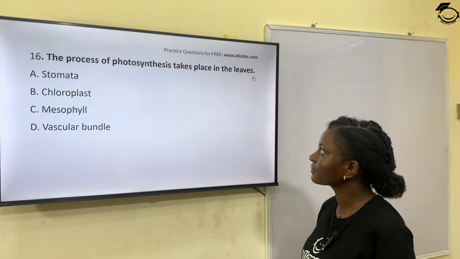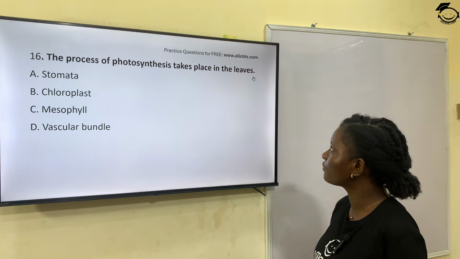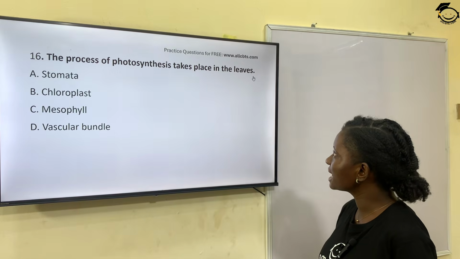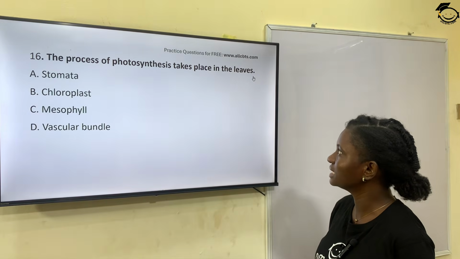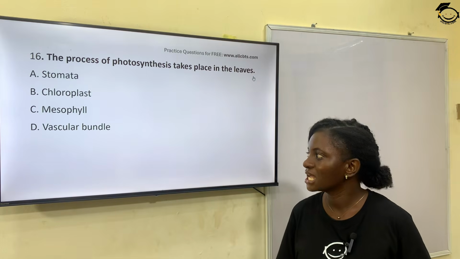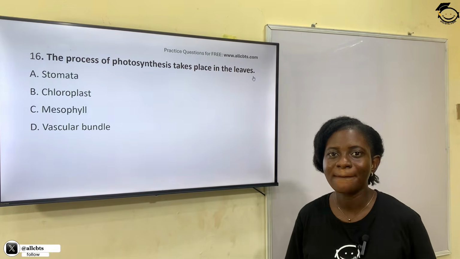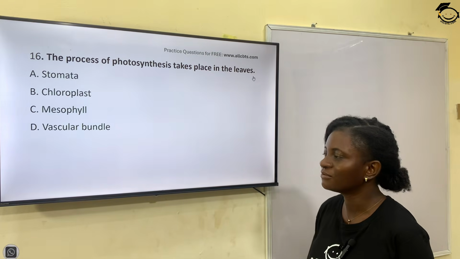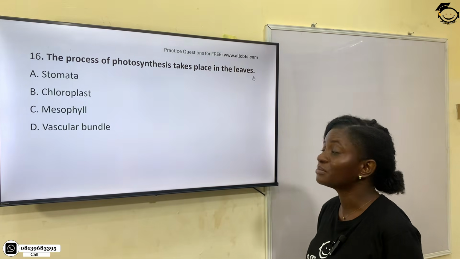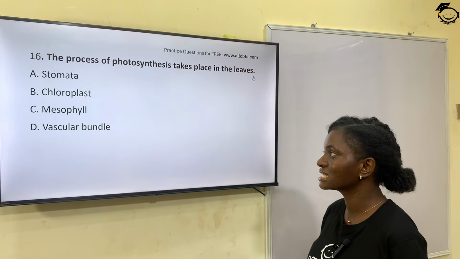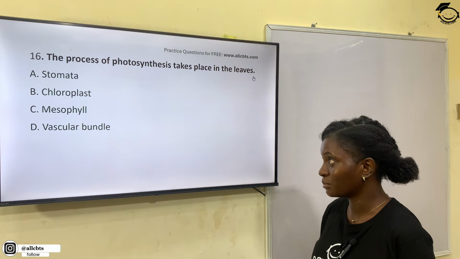Question 16. The process of photosynthesis takes place in the leaves. A. Stomata, B. Chloroplast, C. Mesophyll, D. Vascular bundle. So the process of photosynthesis takes place in the chloroplast.